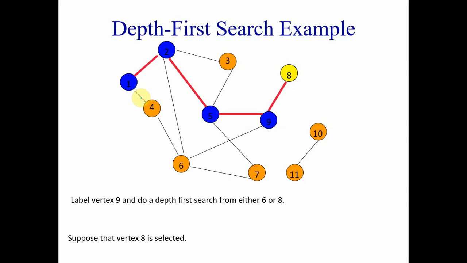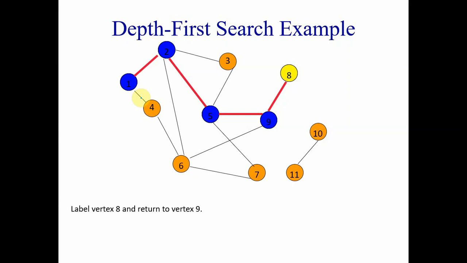And in this case, you can see that 8 can no longer go further. Right? So it returns to 9. For 9, it still has another node that is not visited. So it will go to 6.